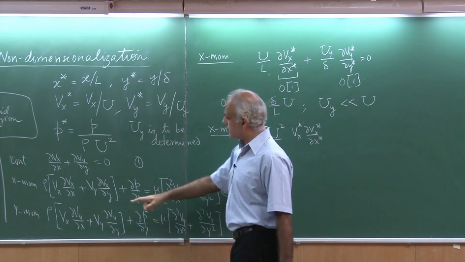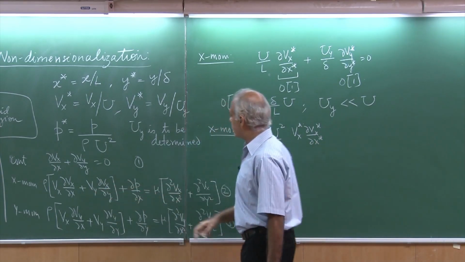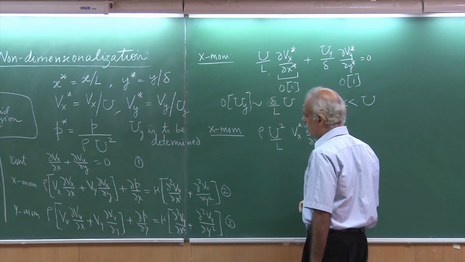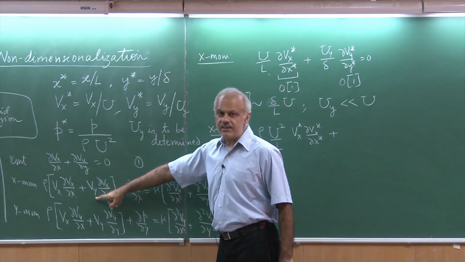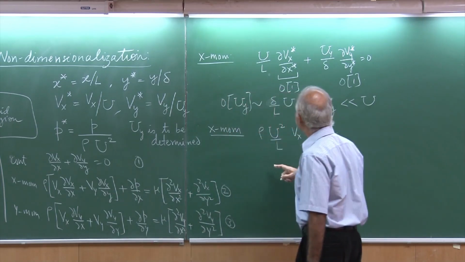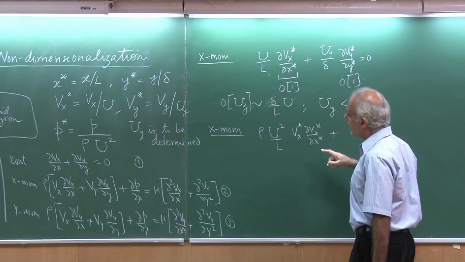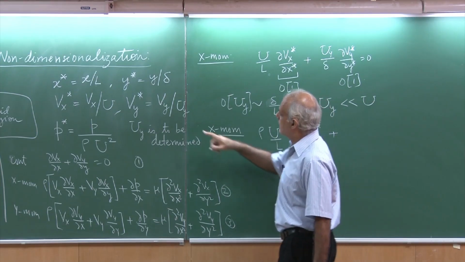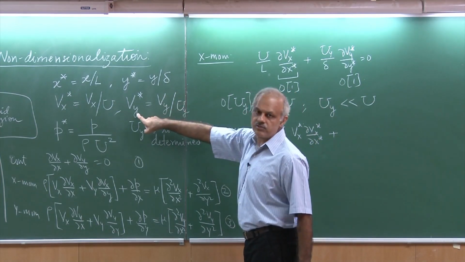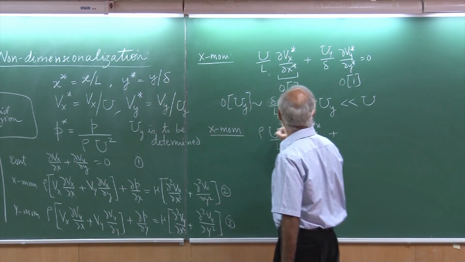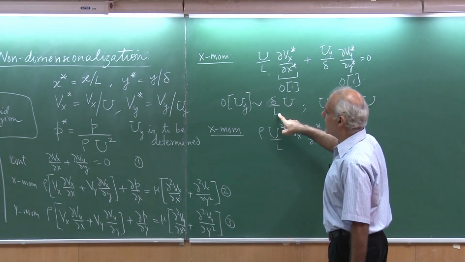So that's my first term. For the second term, now for Vy, I am going to substitute Vy as Uy times Vy star, but Uy I already know it's delta by L times u.